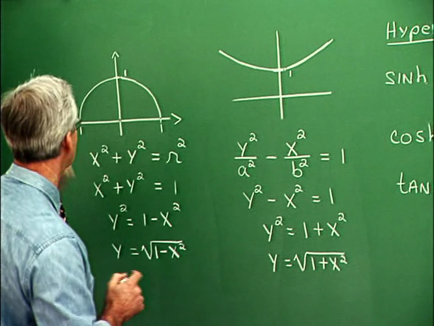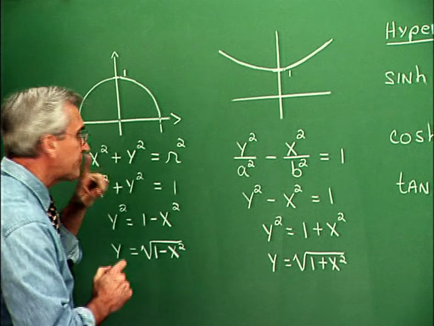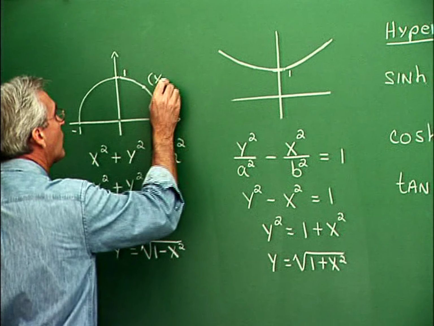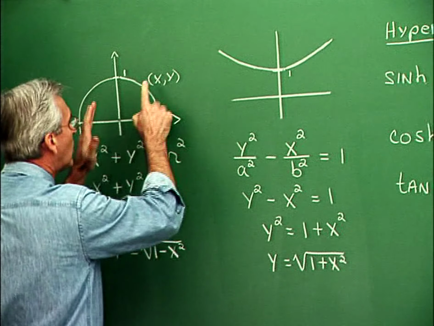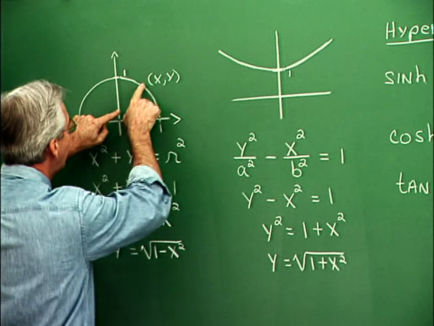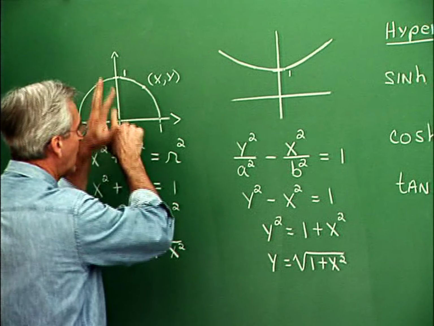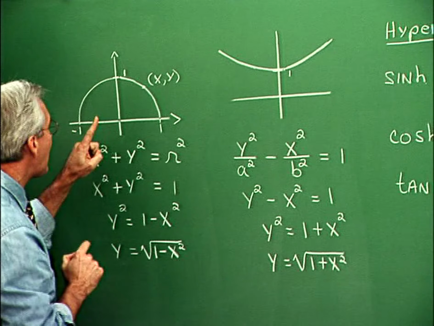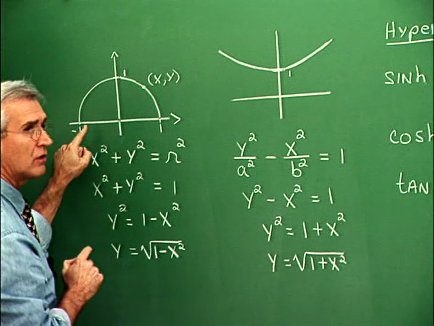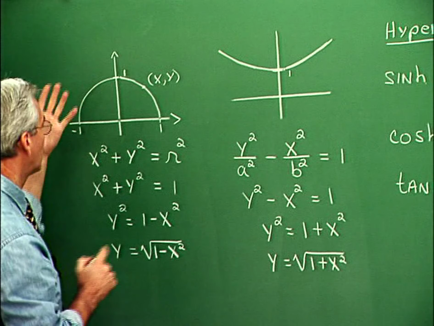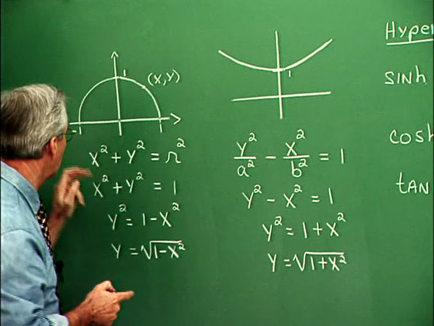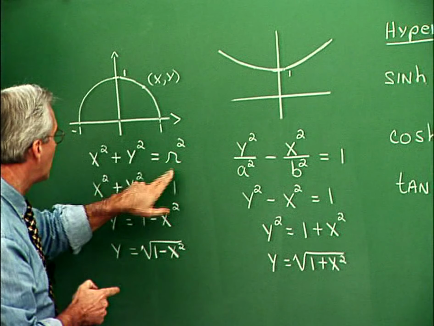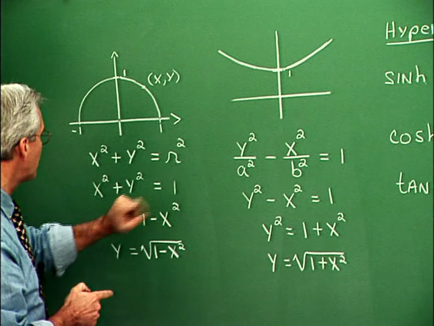So we have this unit circle, and we talk about a point x, y on the unit circle, and we can talk about triangulation with that point and all sorts of things like that. All right, so we develop all of that. But just think for a moment about the equation related to this circle and just this part of the circle. We know that the equation of a circle is x squared plus y squared is r squared, where r is the radius. Well, the radius here is 1, so this would be 1.